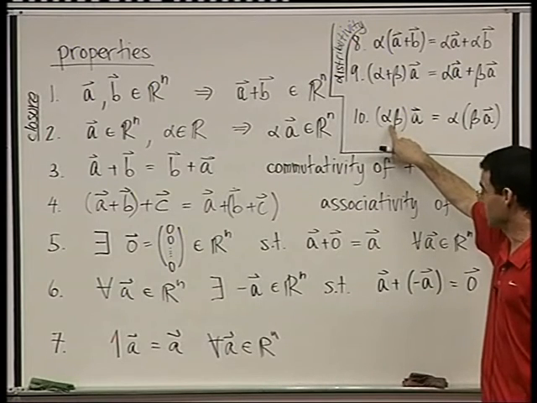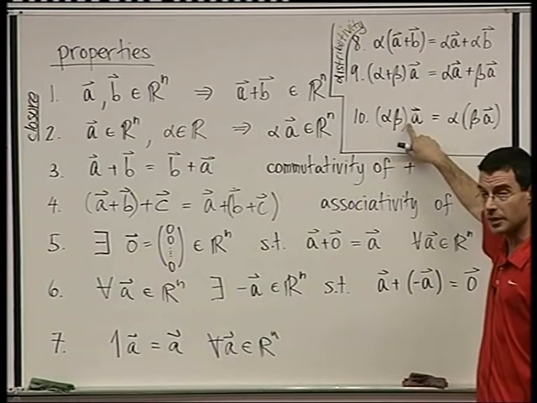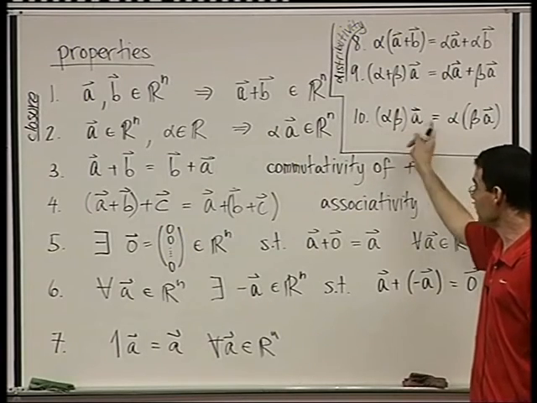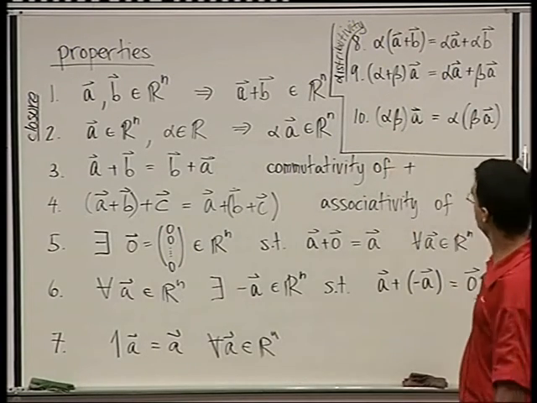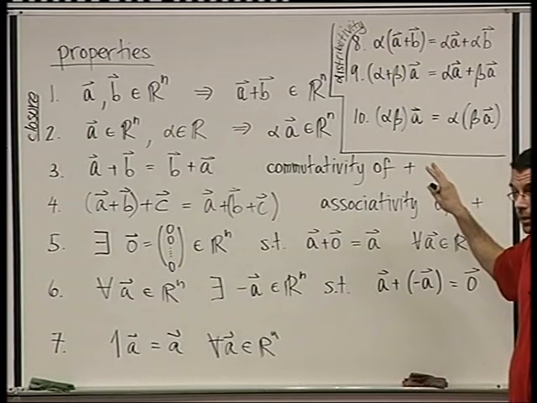Here, it's a product of two scalars, of two numbers, whereas here, it's the product of a scalar times a vector. Do you see that there are two different notions of multiplication here, both of which do not have a symbol at all, but they're different? Do you see that? Okay?